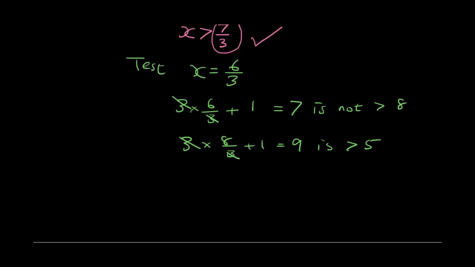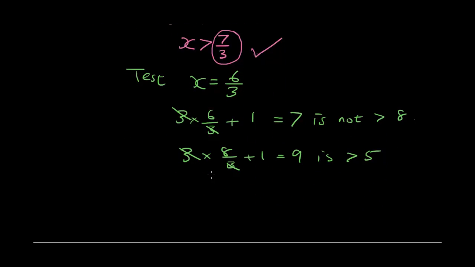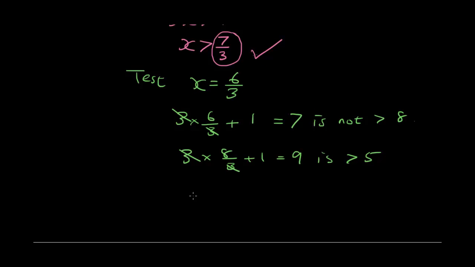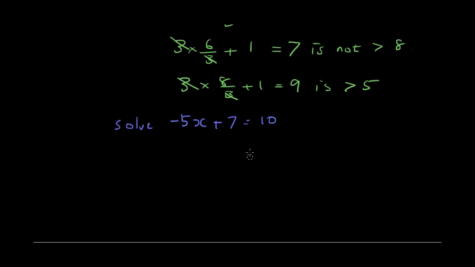Now, the only time where you have to take care when solving linear inequalities is when you have a negative number involved somewhere. So let's try this. Solve negative 5x plus 7 is larger than 10.